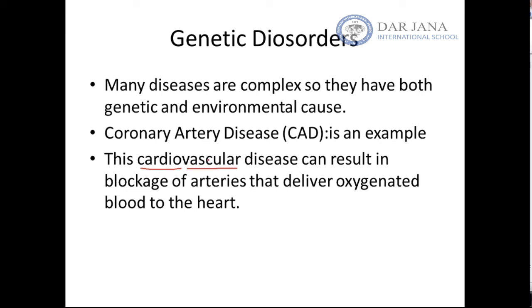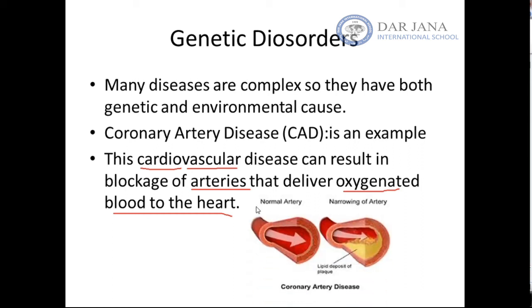It affects the vessels in the heart, so it results in the blockage of the arteries that deliver oxygenated blood to the heart. So it affects the arteries in the heart and it leads to the blockage of these arteries as shown in this figure. So we can see that we have a blockage in this artery.